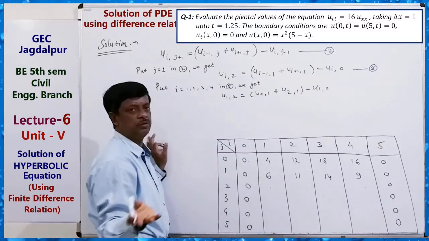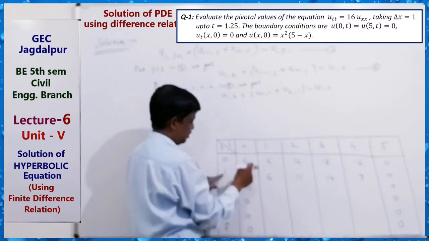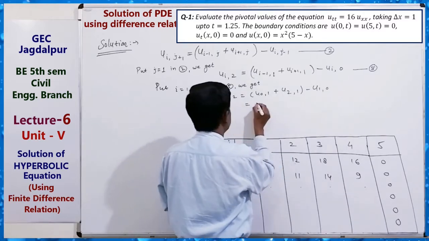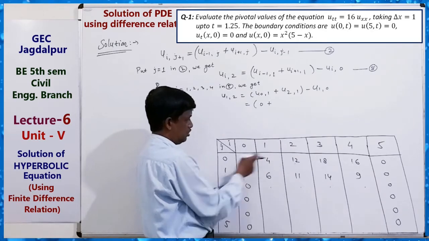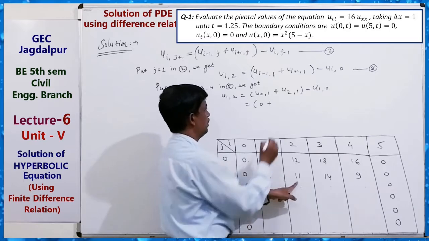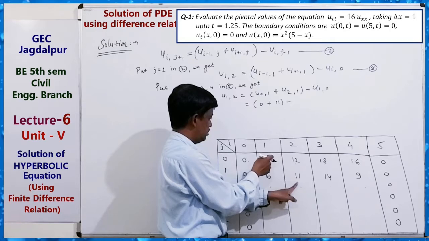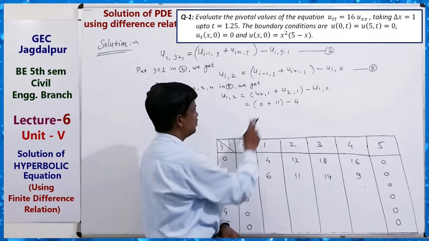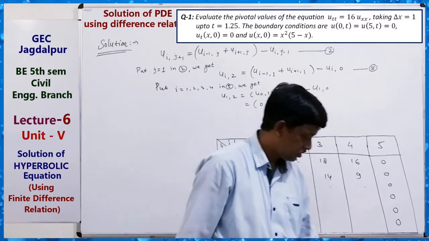Okay, now put the values: u01 is 0, plus u21, this is 11, minus u10, which is 4. So 11 minus 4 equals to 7. So u12 is 7.